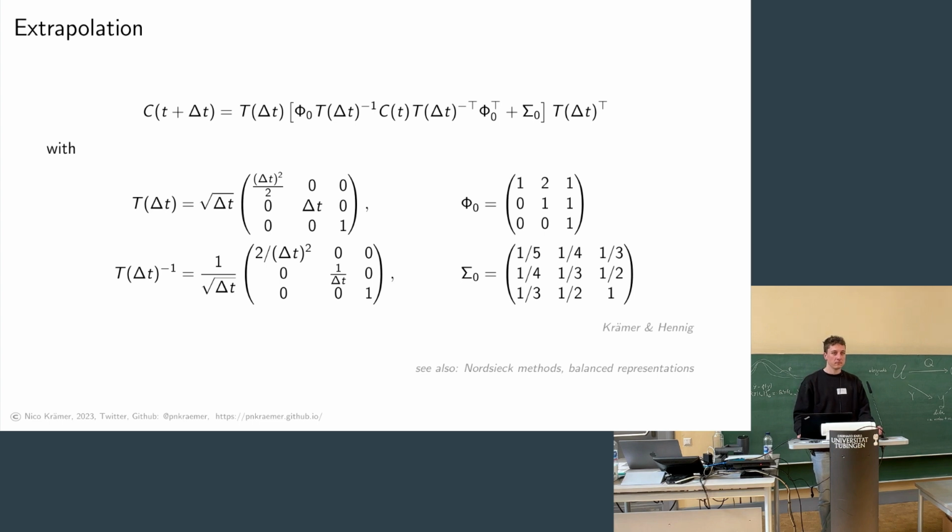But the number of samples increases exponentially with the degree? Which number of samples? Sorry, the size of the grid. The size of the grid? No, this is independent of the grid. This is assuming that we have some grid or that we have already selected our grid, because we basically know that we want to extrapolate to C at t plus delta t.